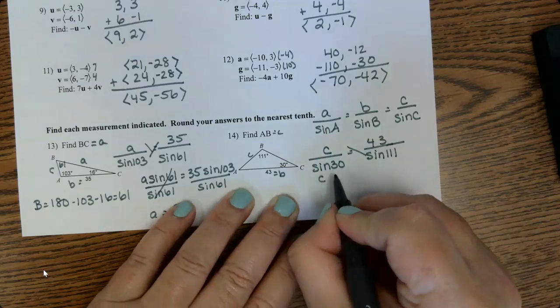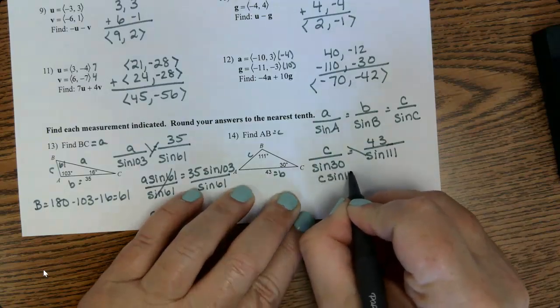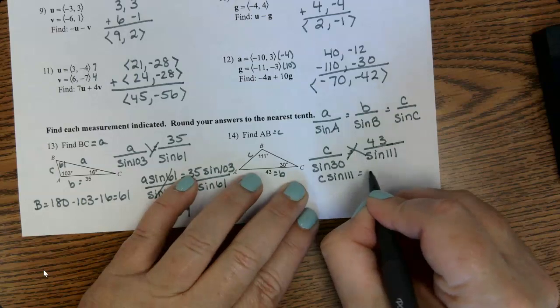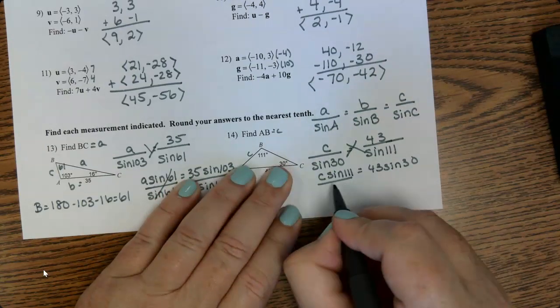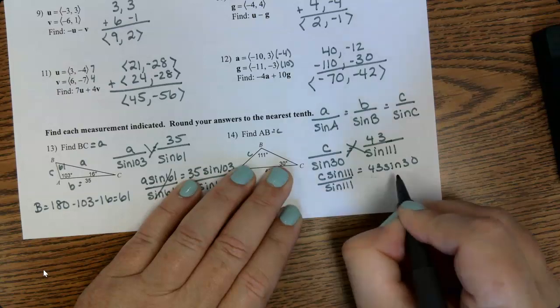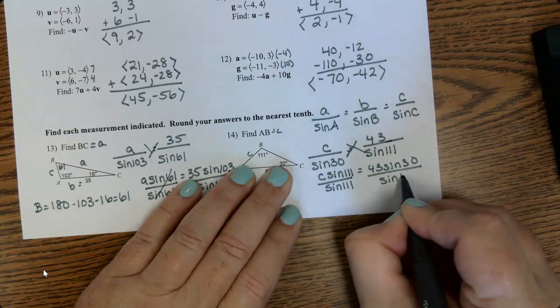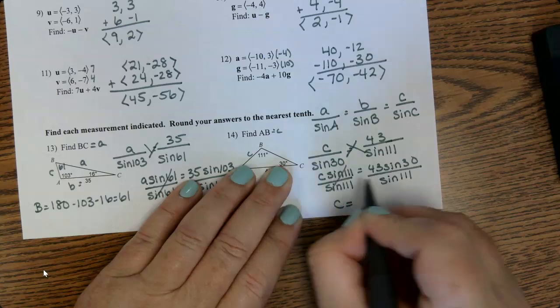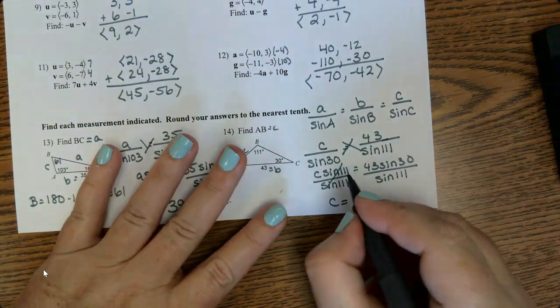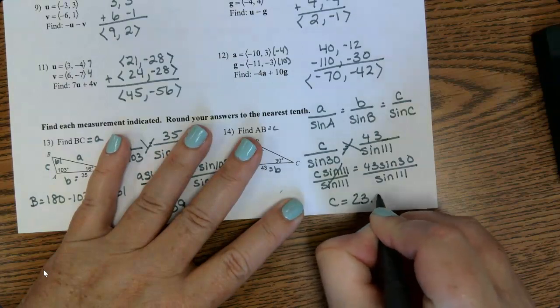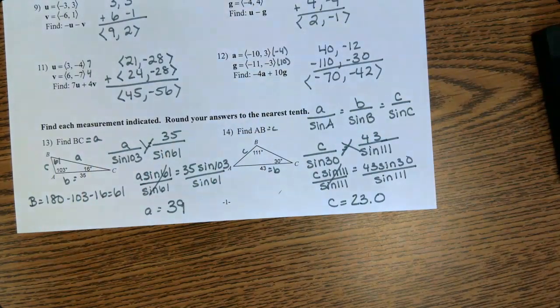Cross multiply like we did before: c equals 43 sine 30, divide by sine of 111. I'm going to type this into the calculator. 43 sine 30 divided by sine of 111. And I get 23.0.